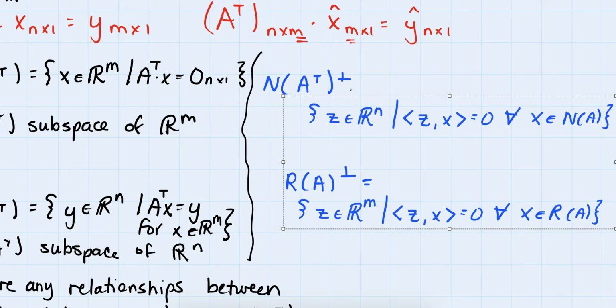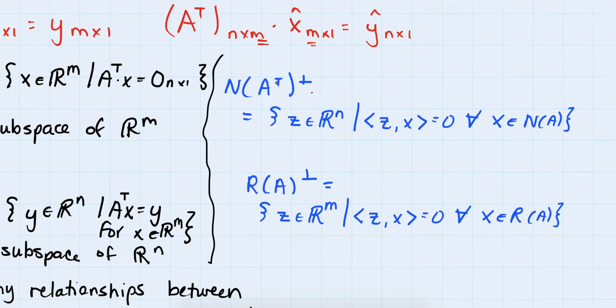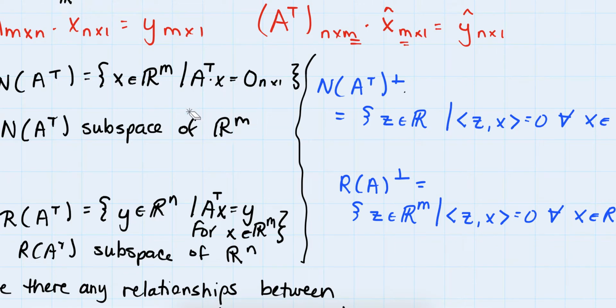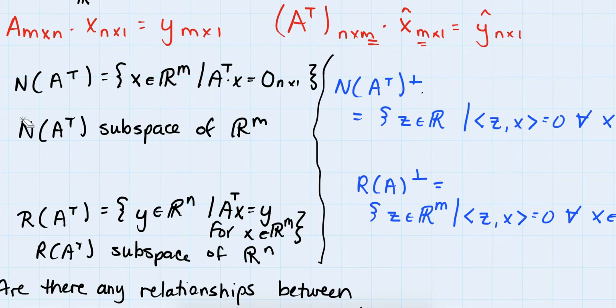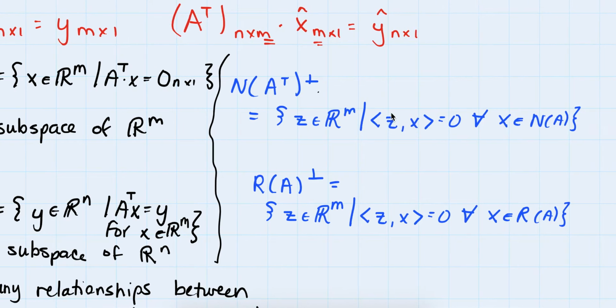So the orthogonal complement of the null space of the transpose of the matrix is going to be all z in Rm, because we need to be the same size as the vectors in the null space. So we're going to put Rm such that when we take the inner product of z with x, we get 0 for all x in the null space of the transpose of the matrix.